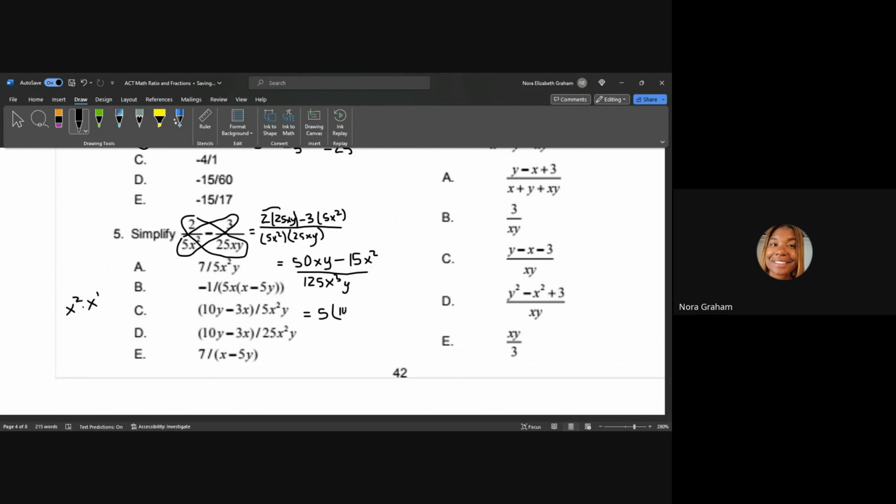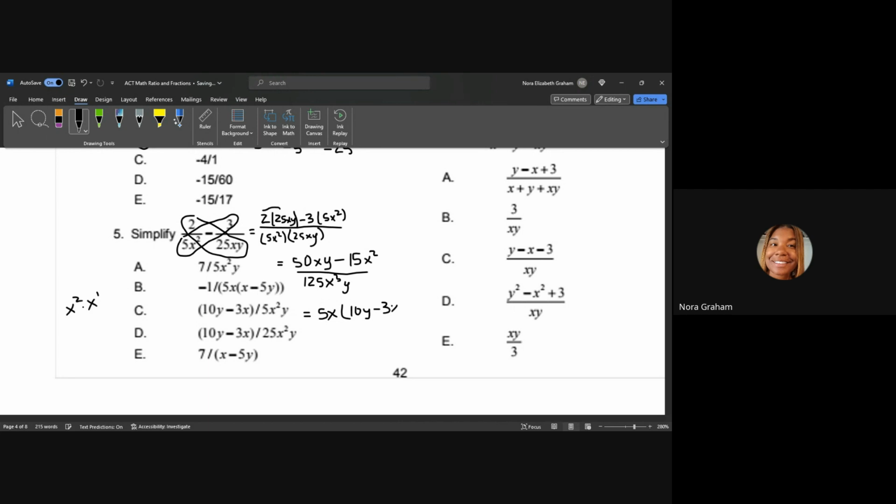Oh, sorry, I forgot to pull out the x. 5x. What's left over is 10y minus 3x.